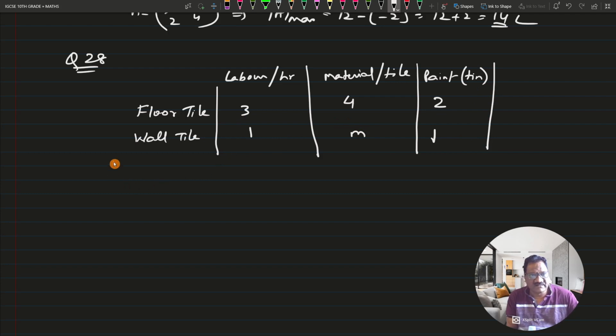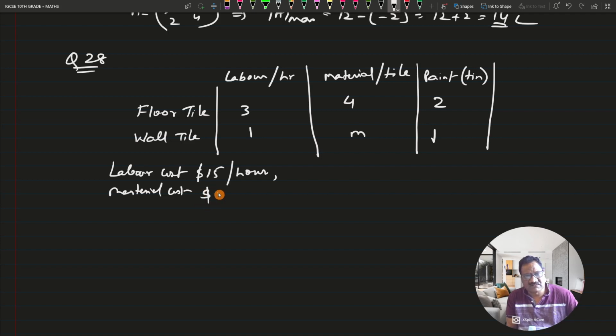And another thing that is given is the labor cost. Labor cost is given as $15 per hour, and material cost is given as $2. Okay, and painting cost is given as $N per tin.